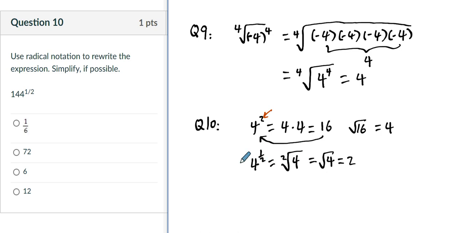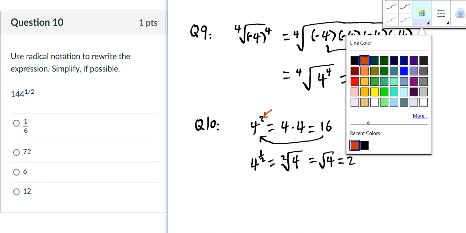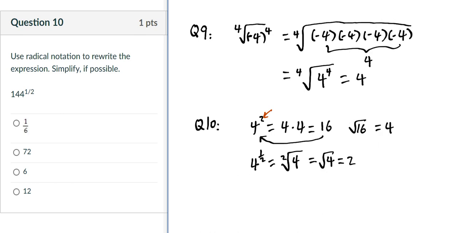So sometimes, you know, I do it in your calculator. When you do the square, you do 4, arrow up, 2, then that's 16 on your calculator.